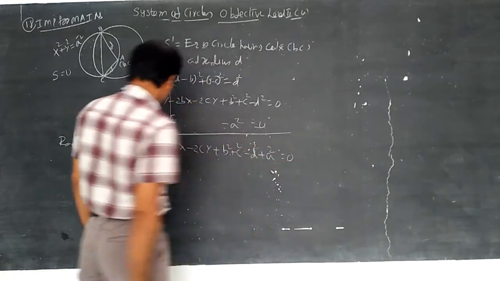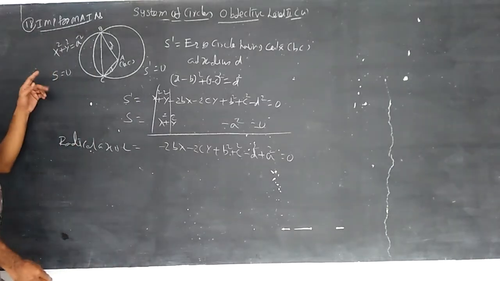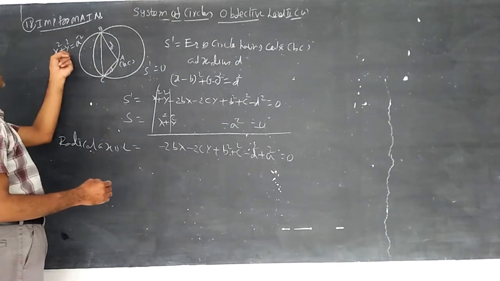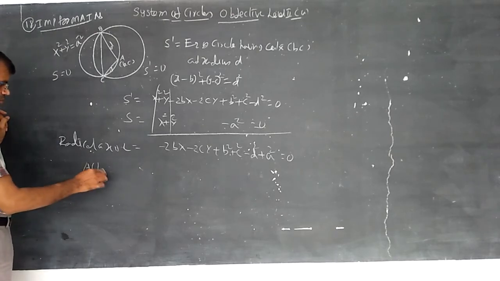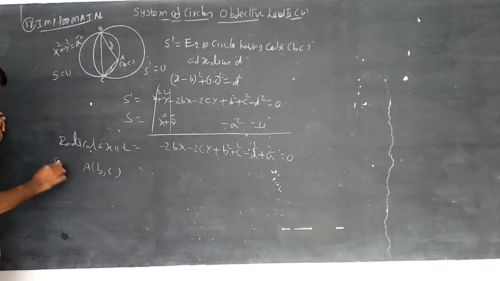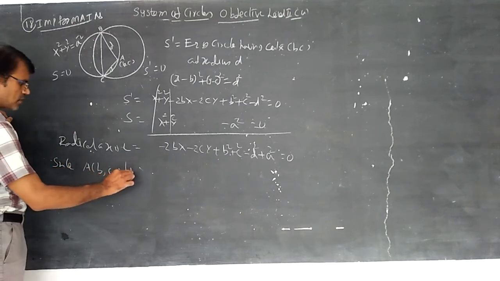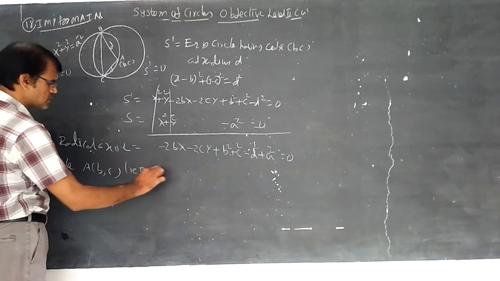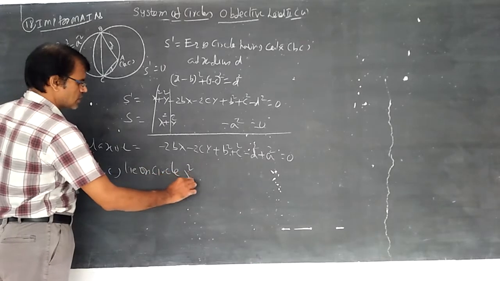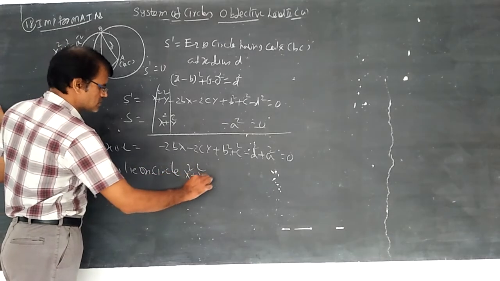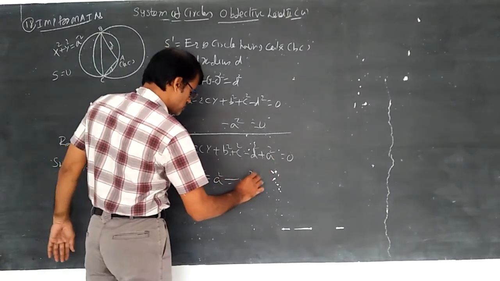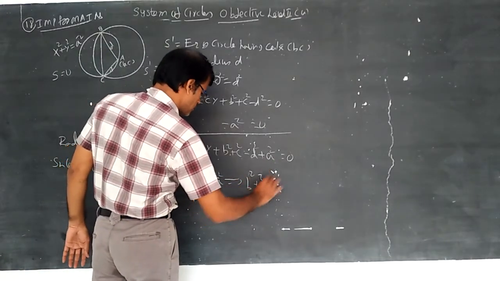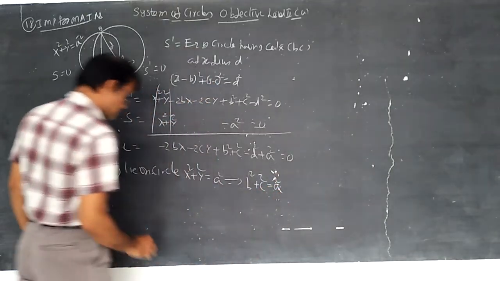equal to 0. Let us remember that A, B comma C lies on this circle x square plus y square equal to a square. Since B comma C lies on the circle x square plus y square equal to a square, that implies you can substitute here b square plus c square is equal to a square.